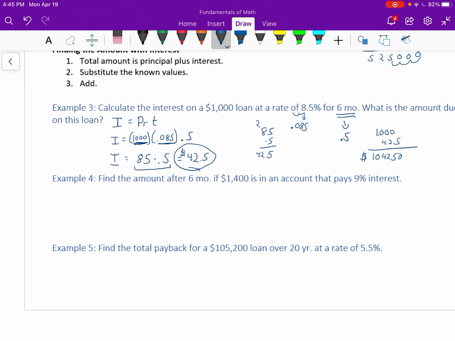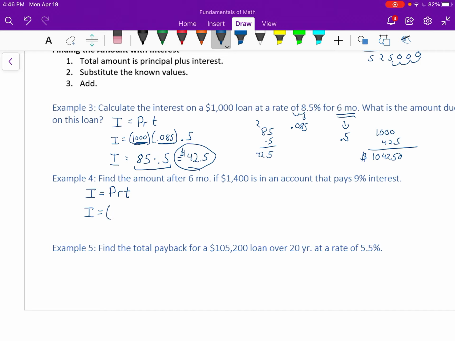A couple more examples. Find the amount after 6 months if $1,400 is in an account that pays 9% interest. So what we want to do first is find the interest. Interest equals principal times rate times time. Do you know it yet? Principal times rate times time.